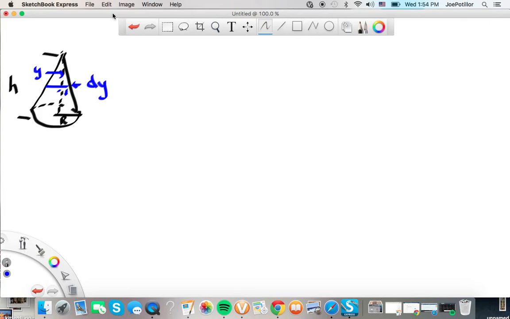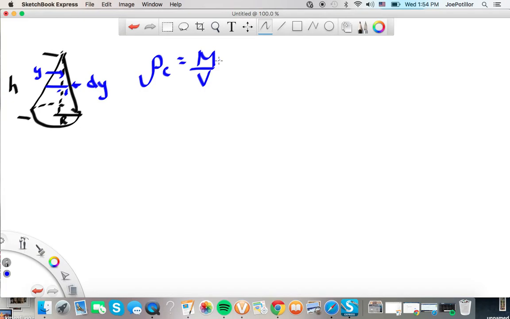And so we'll use this density. The Greek letter rho, the density of the cone, is the total mass of the cone divided by its volume. That's the density of the cone.